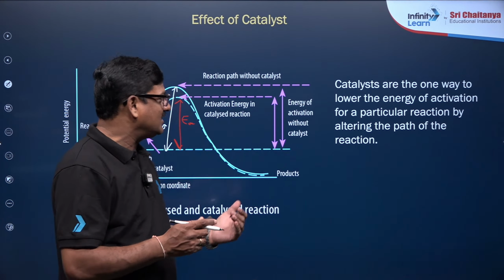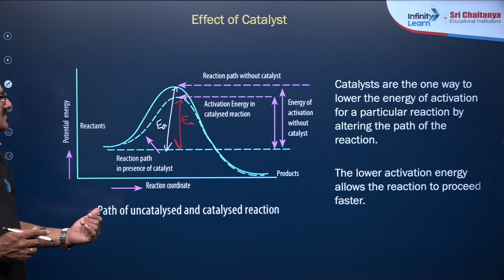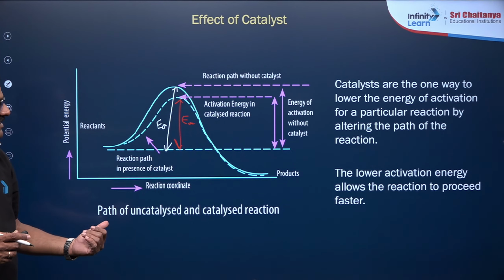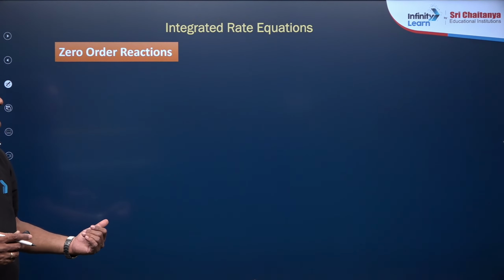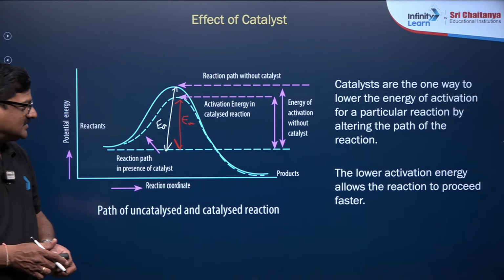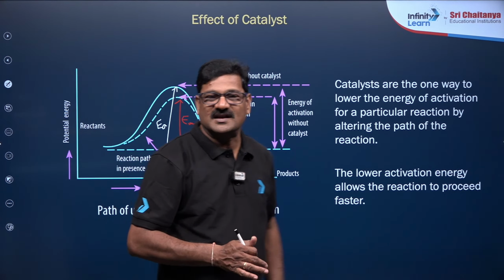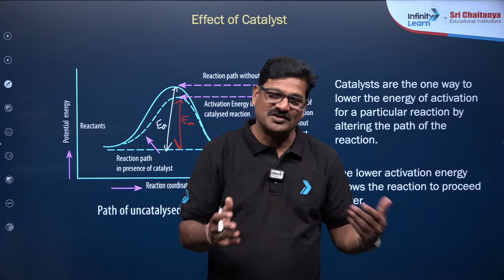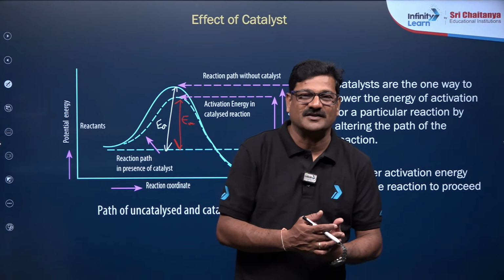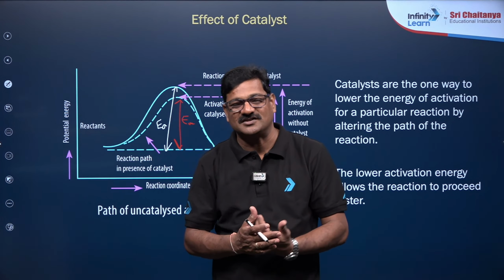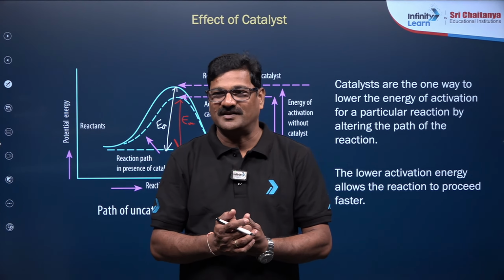So these are the various things we need to know about the catalyst. Lowering the activation energy allows the reaction to proceed faster. And this is about the Arrhenius theory and the collision theory, effect of catalyst and activation energy, threshold energy, everything.